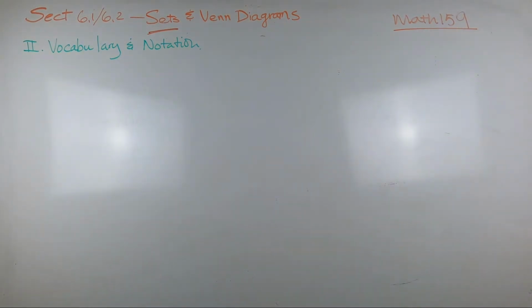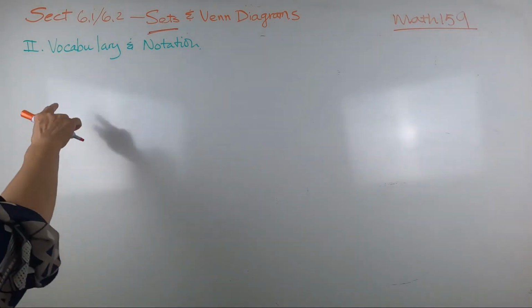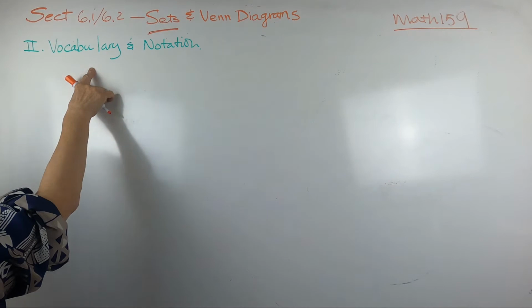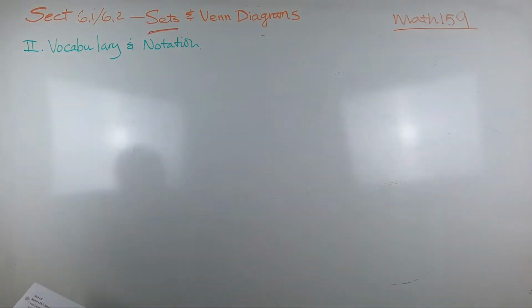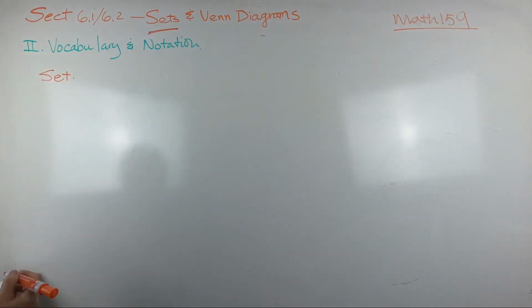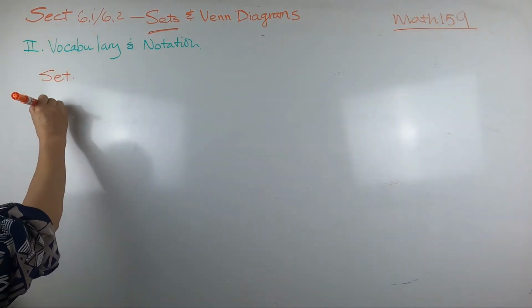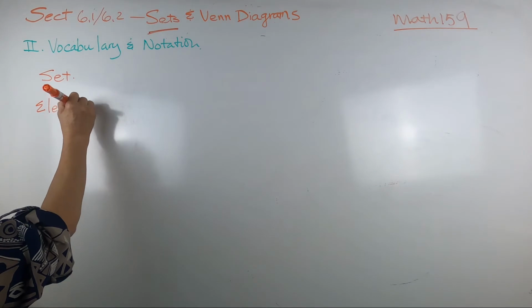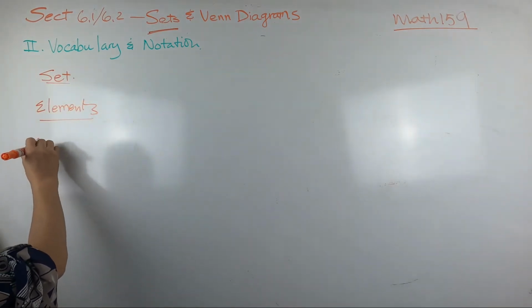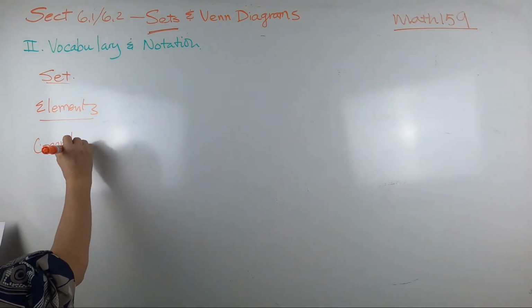So we have to introduce to you first what kind of things we are talking about, the vocabularies and the notations we use. Something called set. Something called element. Something we call complement to each other.